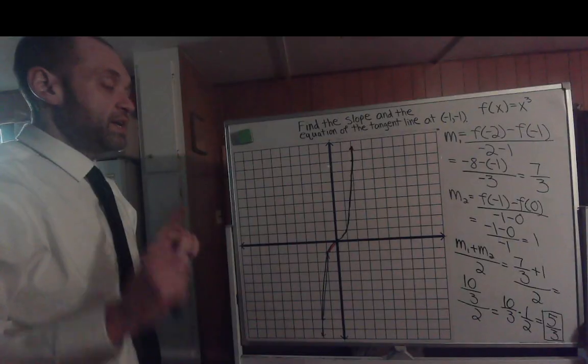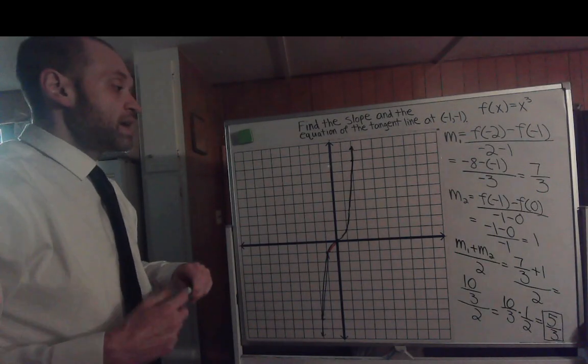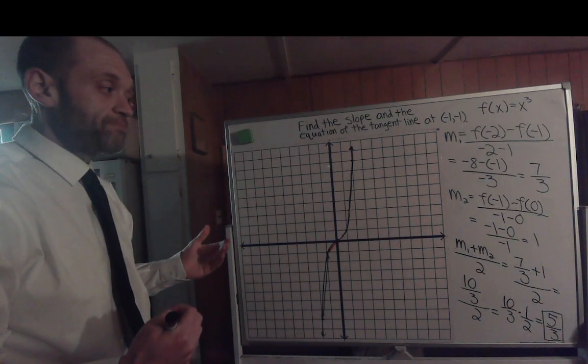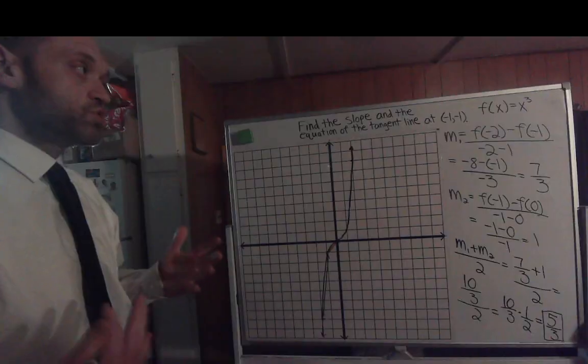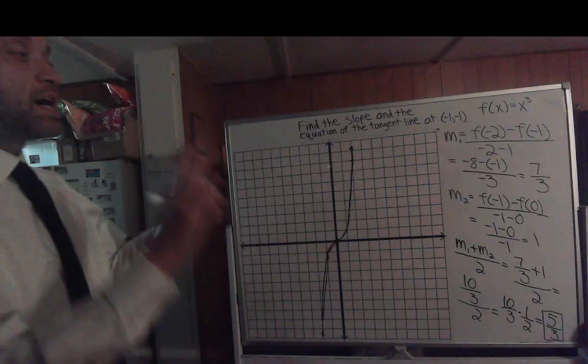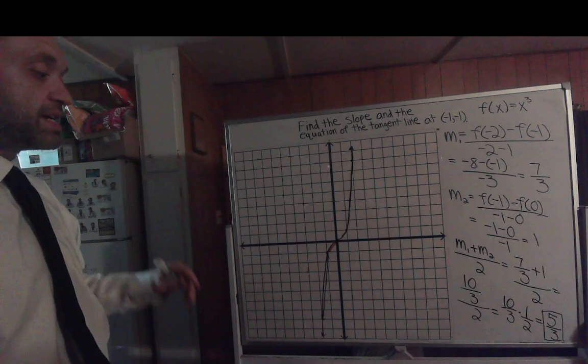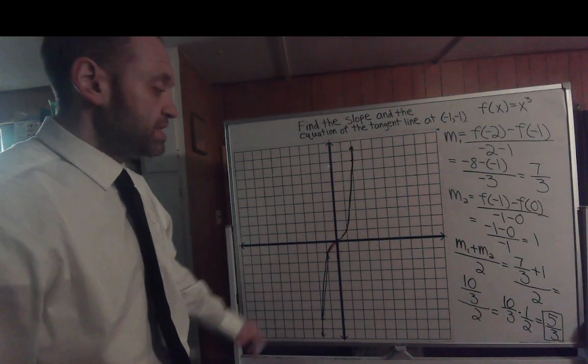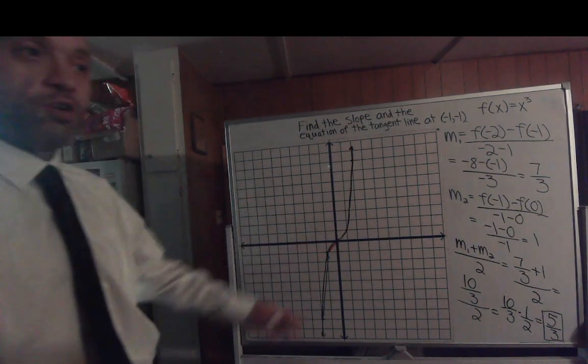Now here's the thing. Those were still relatively far apart. What if we took closer measurements? In other words, hypothetically, let's say we did -1.5 to -1, and then we did from -1 to -0.5.